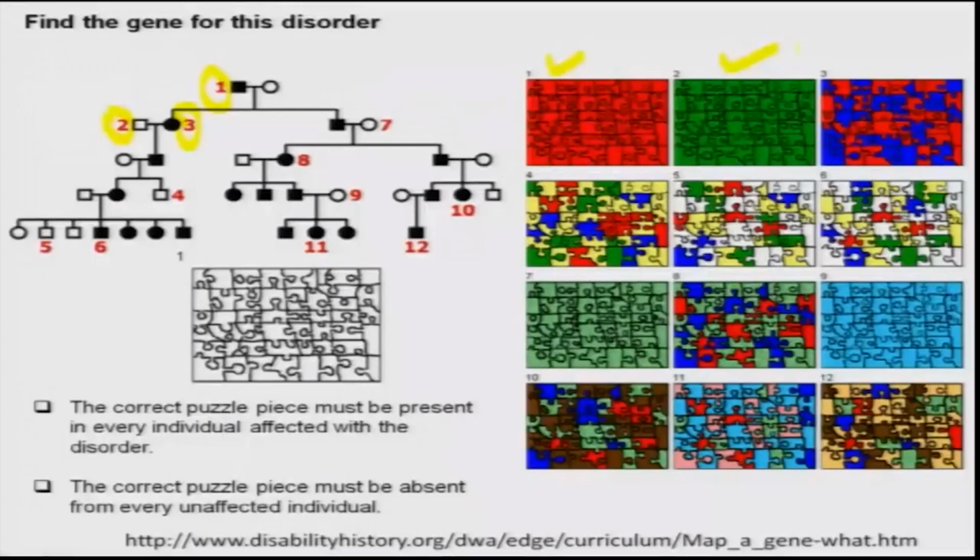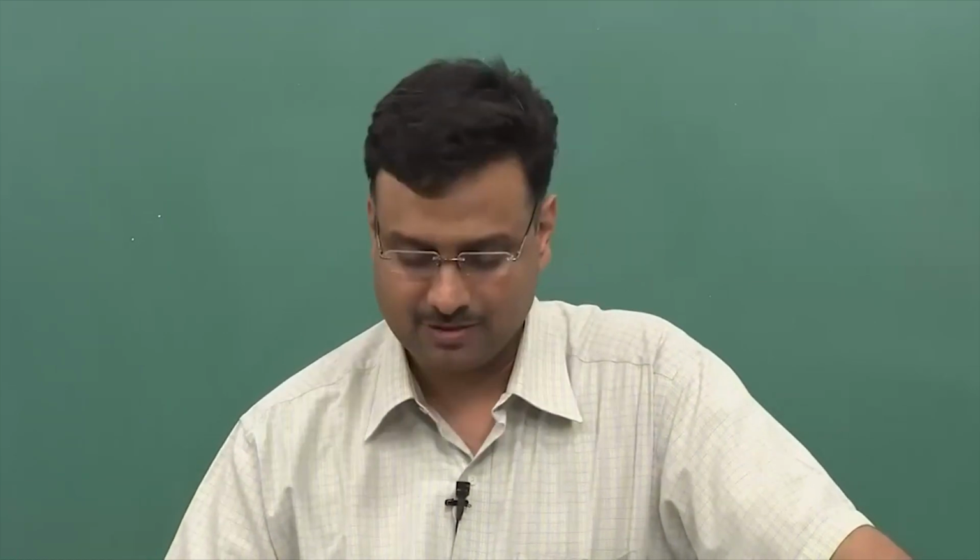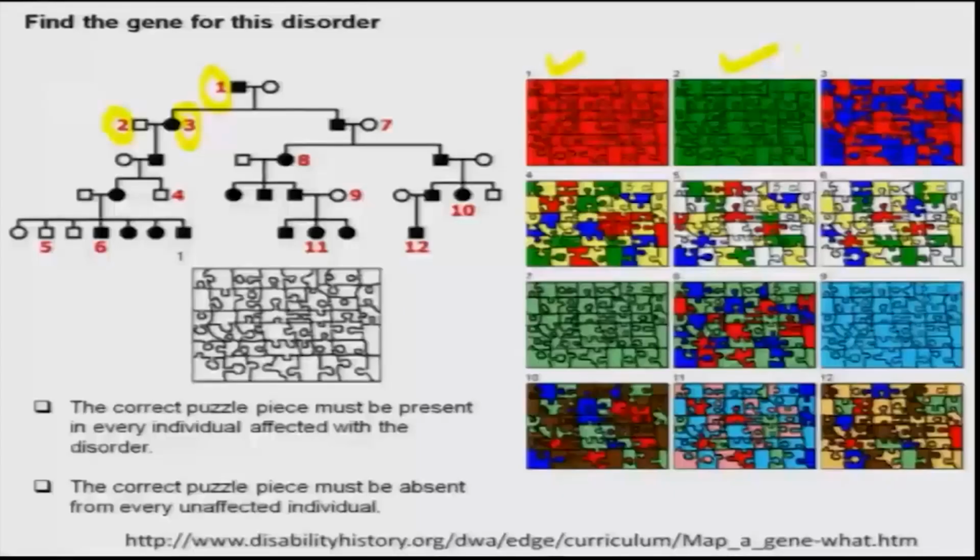Again, you have to go back and look: all the individuals that are affected in the family must have a particular puzzle piece with a particular color, that is the gene and the mutation therein. That piece is going to be there in every individual, because all of us have the gene, but only some of us will have the mutation, and therefore we will have the phenotype. And all the unaffected individuals should not be carrying that particular color of that particular piece, right? So, if you look at this, you will be able to identify it.